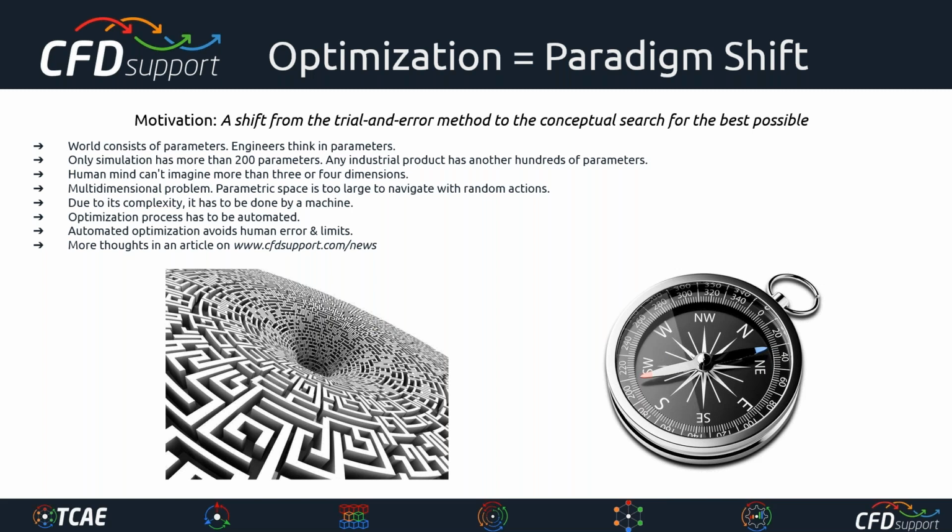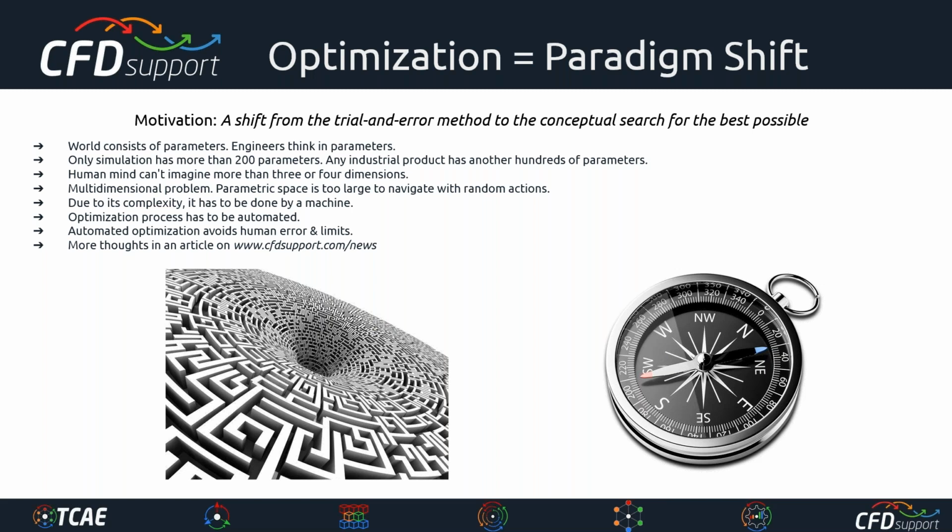As you know, a human brain can imagine only 3 or 4 dimensions, but we are definitely speaking about a multi-dimensional problem, which is huge. It's perhaps hundreds of parameters in total in such a workflow and design, and such a parametric space is of course extremely large.